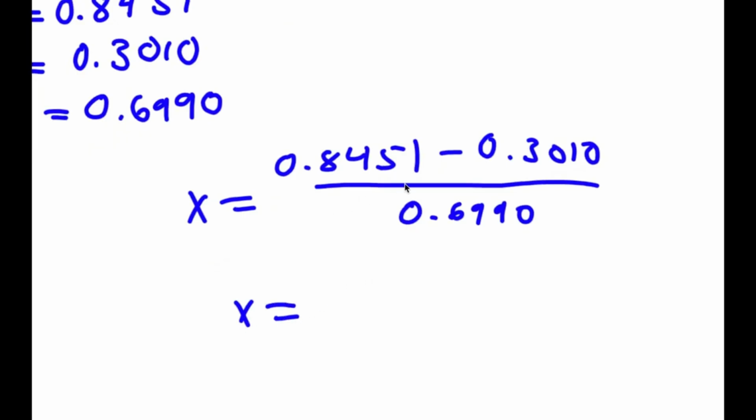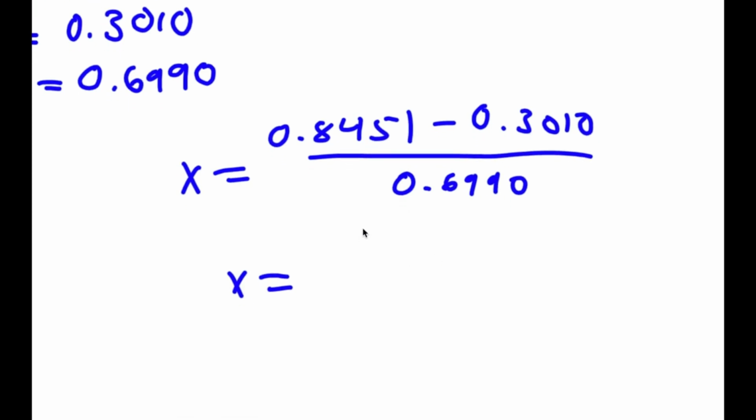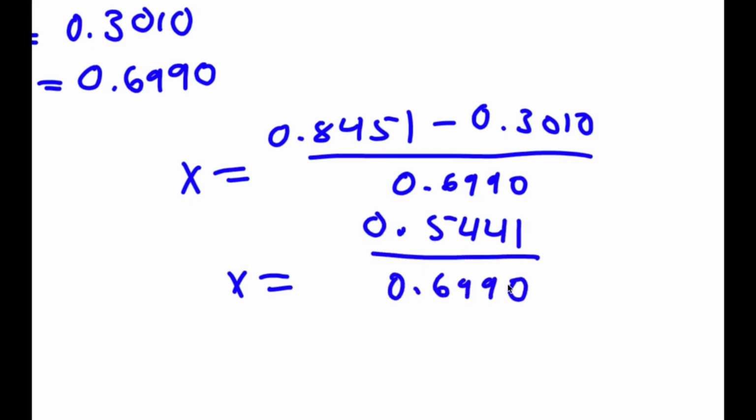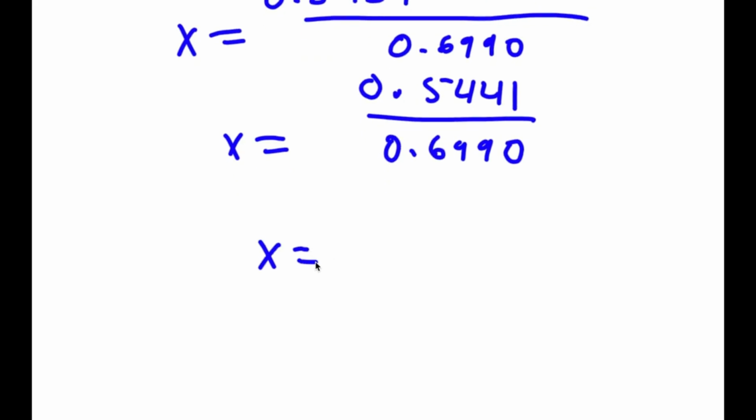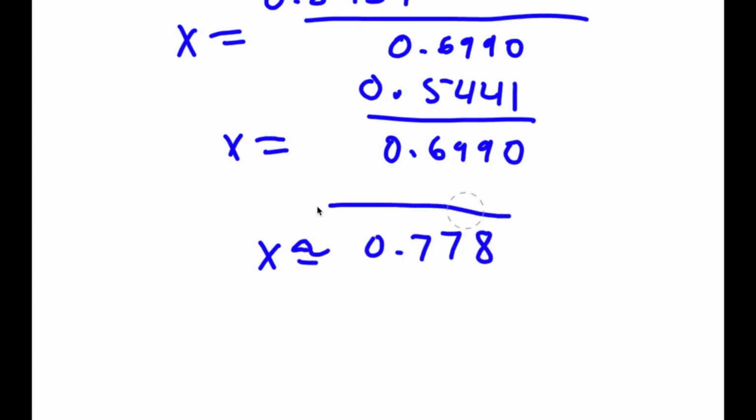Now 0.8451 minus 0.3010 is going to equal 0.5441. And we still have this divided by 0.6990. And finally, 0.5441 divided by 0.6990 is approximately equal to 0.778.